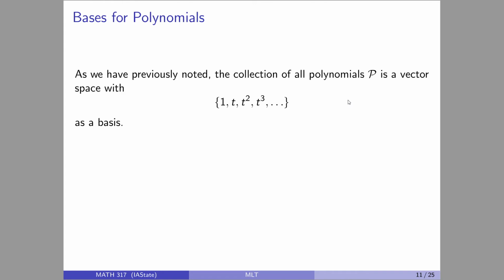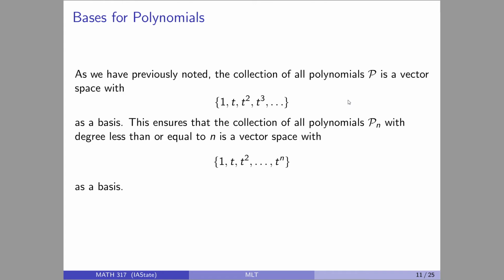This means that if we were to cut it off at any spot, that has to be a basis for all of the polynomials whose degree is less than or equal to n. Okay, so this is a very common vector space to look at. It's a very important one. It's very useful when it comes to approximating functions. And I will talk a little bit more about least squares approximation a little later on. So it's a very important set for a variety of reasons.